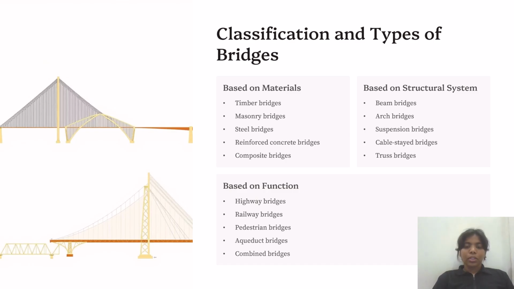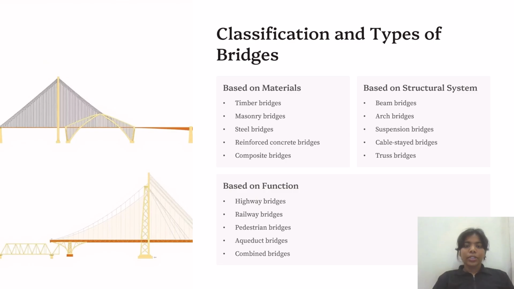Now, cable-stayed bridges. Similar to suspension bridges, cable-stayed bridges also use towers and cables, but the cables are directly attached to the deck, running at an angle to the towers. They are suitable for medium to long spans and are often aesthetically pleasing.